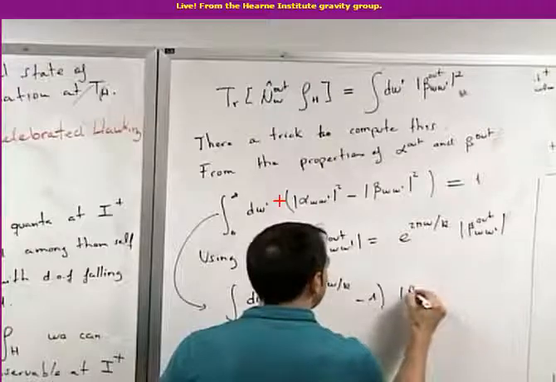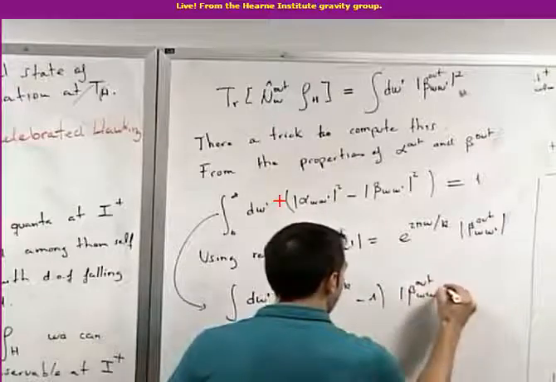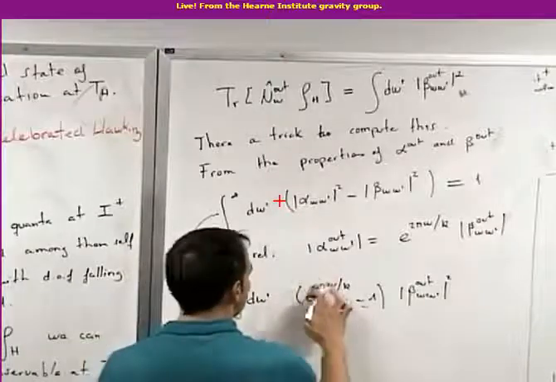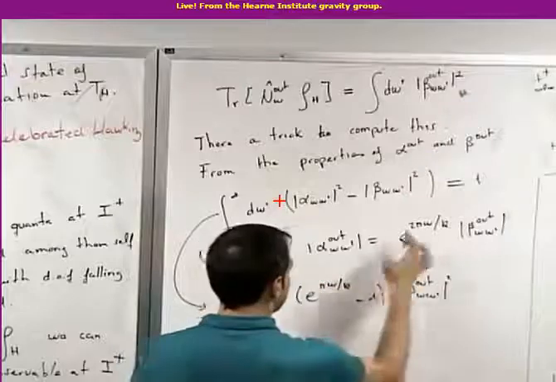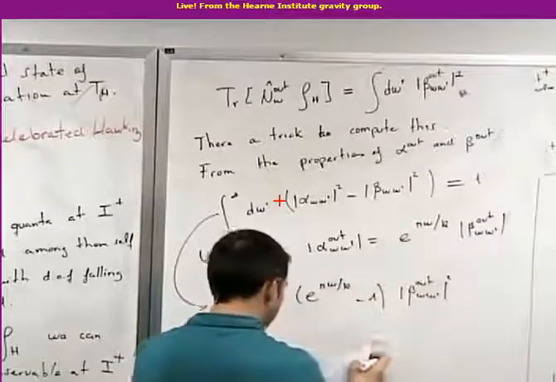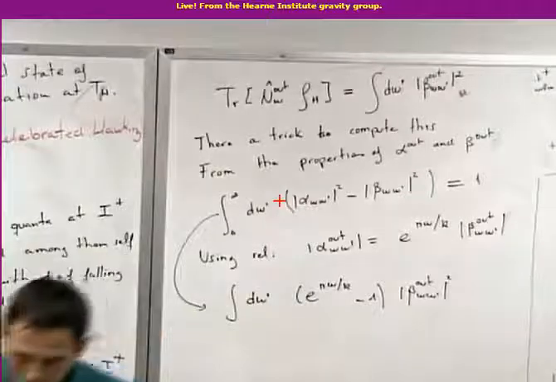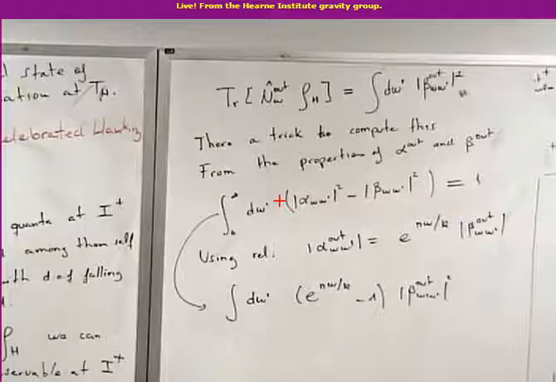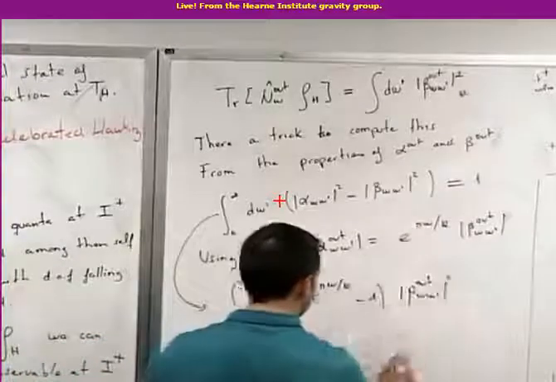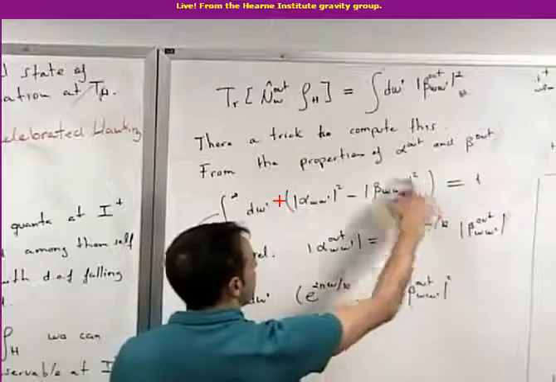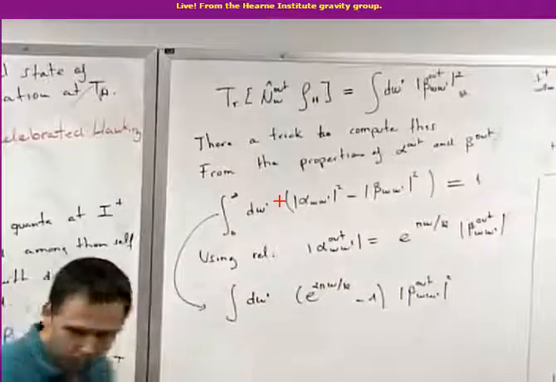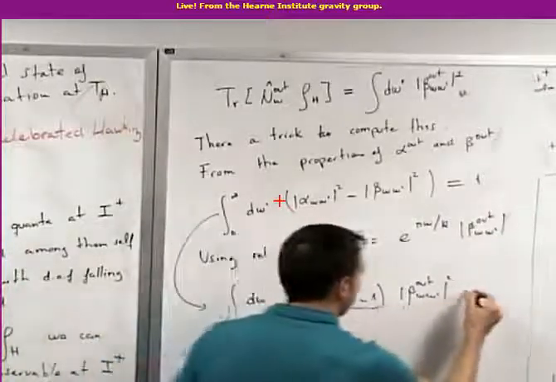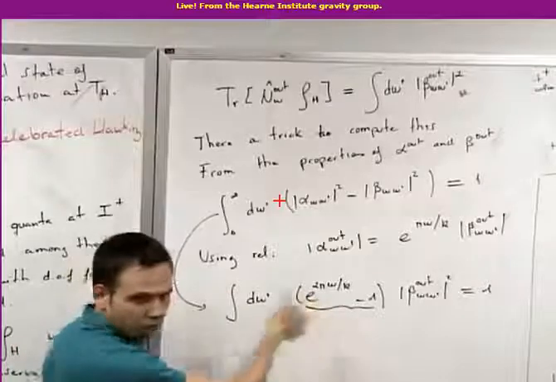So I can take the common factor of the out. It's squared, so I need a 2 here. There was no 2 here, so I have to put a 2 because everything is squared. And this doesn't depend on omega prime, so it can go out of the integral.